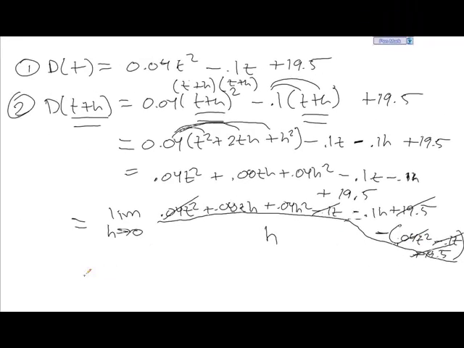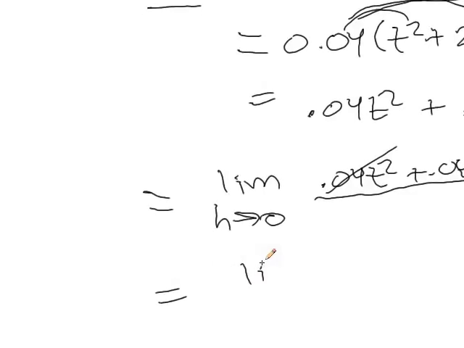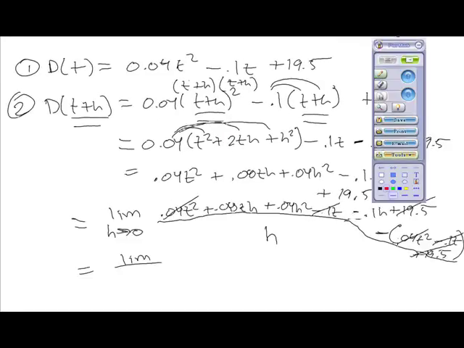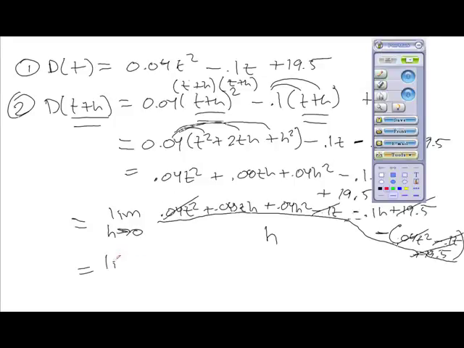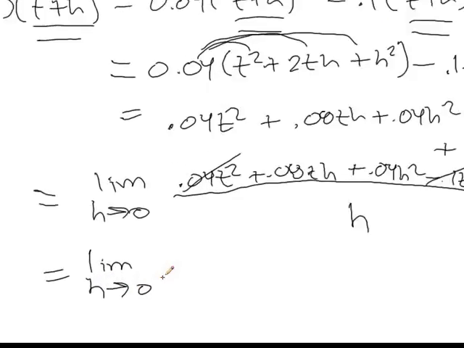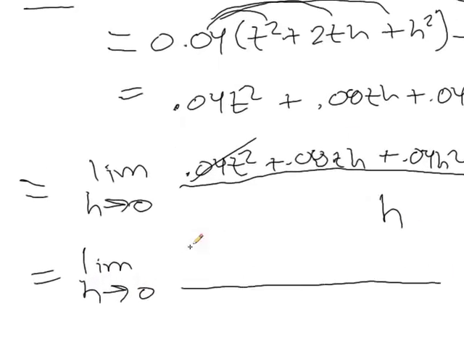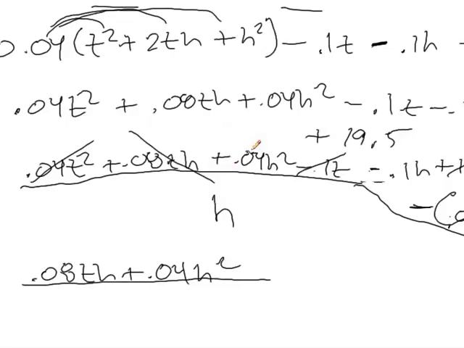And so what I have left now to deal with is the limit as h becomes closer and closer to 0 of, on top, what's left. I have 0.08th, plus 0.04h squared, and minus 0.1h.